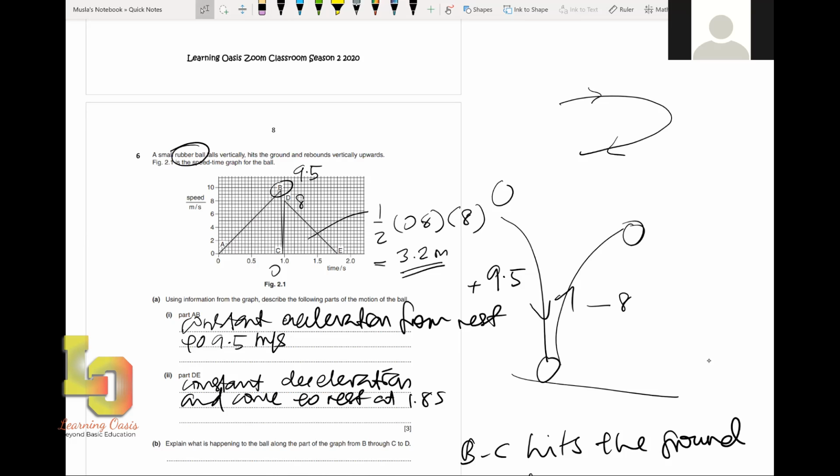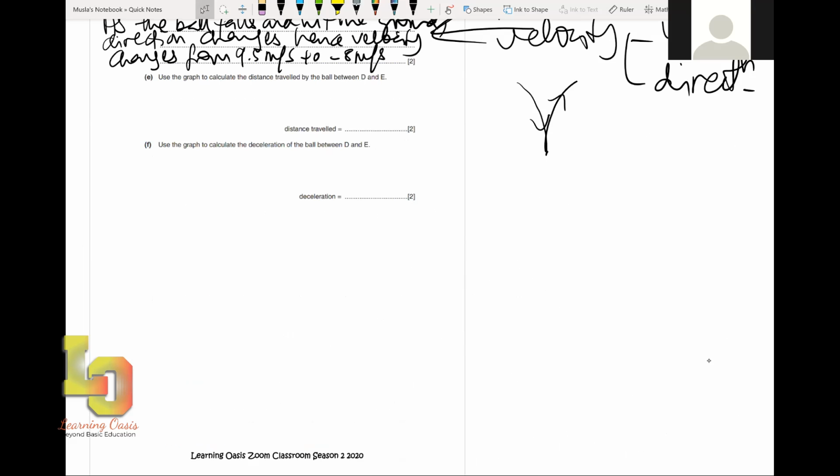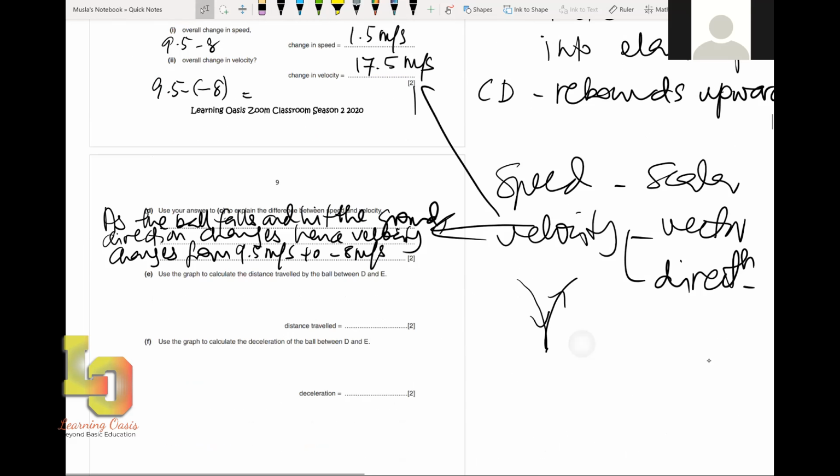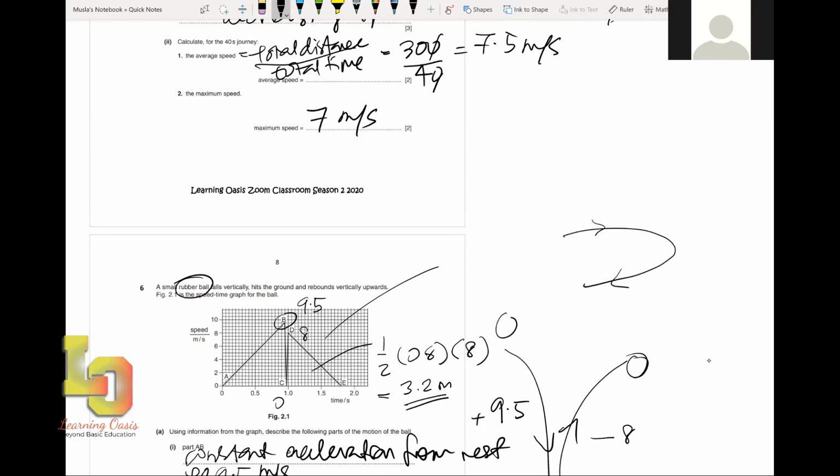Okay. Now, use the graph to calculate the deceleration of the ball between D and E. So what is the deceleration of the ball? a equals v minus u over t. Lisa, you want to try this? 0 minus 8, over 0.8.